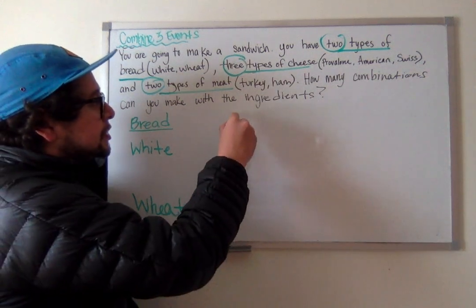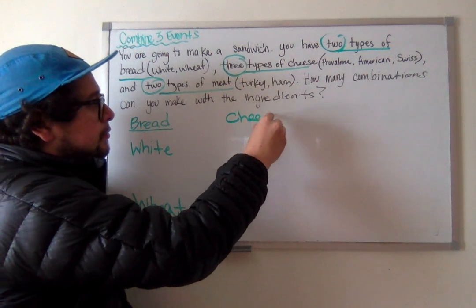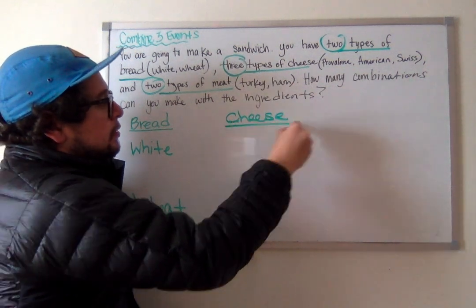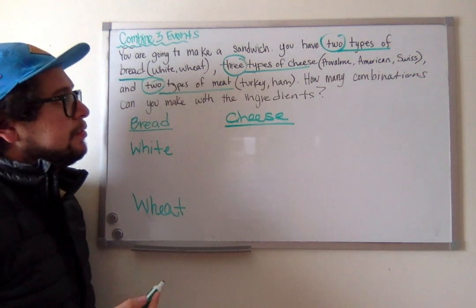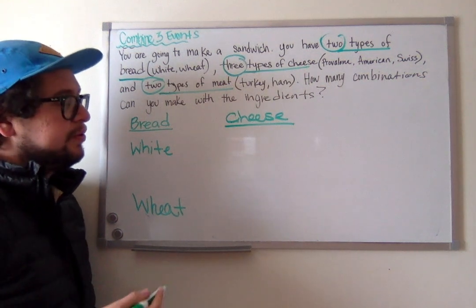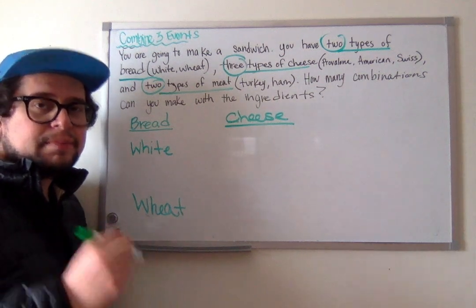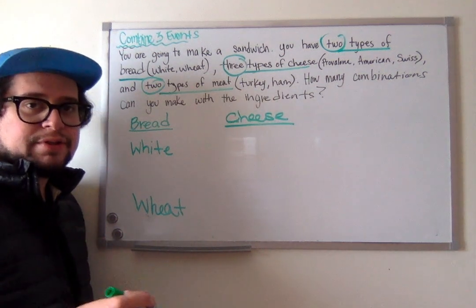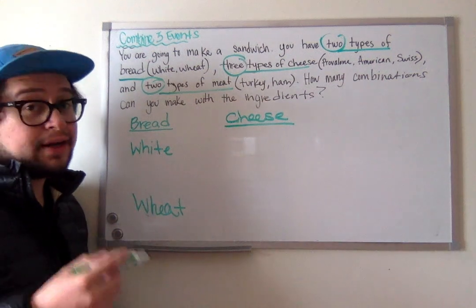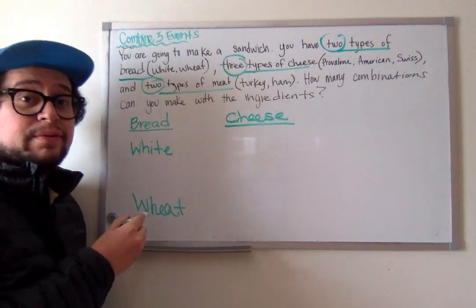Then I have cheese. Now, here's the thing. With the cheese, I can have provolone, American, or Swiss. So that means that I can combine those 3 options with my white bread, and I can combine those 3 options with my wheat.